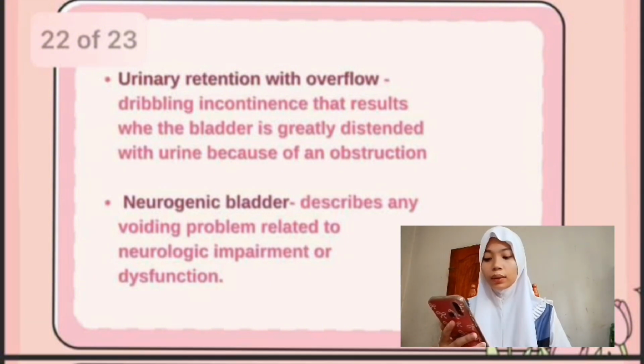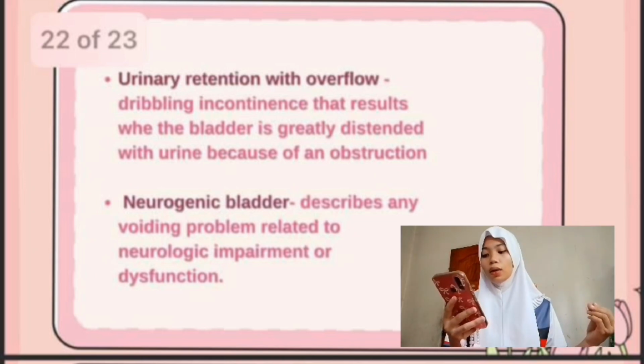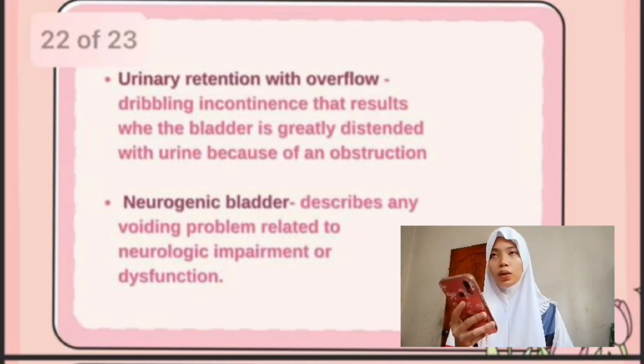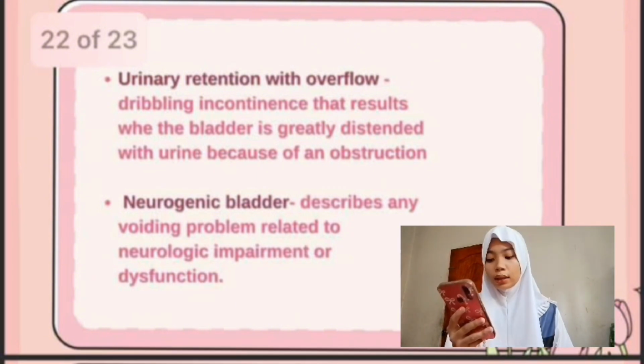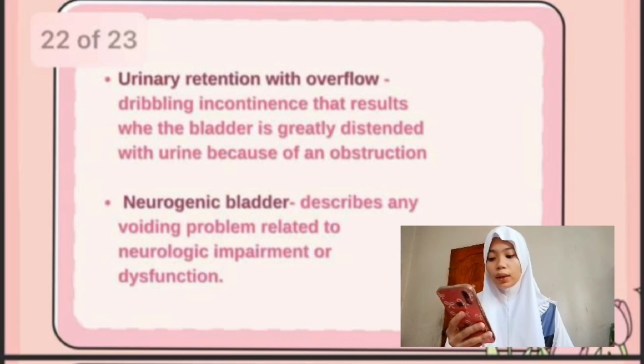This can result from various neurological disorders or injuries that affect the nervous system, such as spinal cord injuries, multiple sclerosis, stroke, Parkinson's disease, or diabetic neuropathy. In neurogenic bladder, the normal coordination between the bladder muscles and the brain is disrupted, which can lead to two main types of bladder dysfunction.